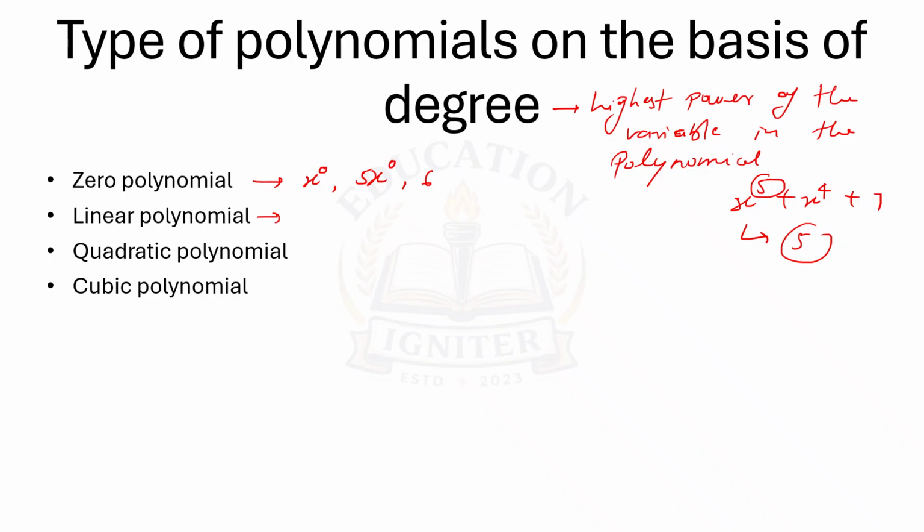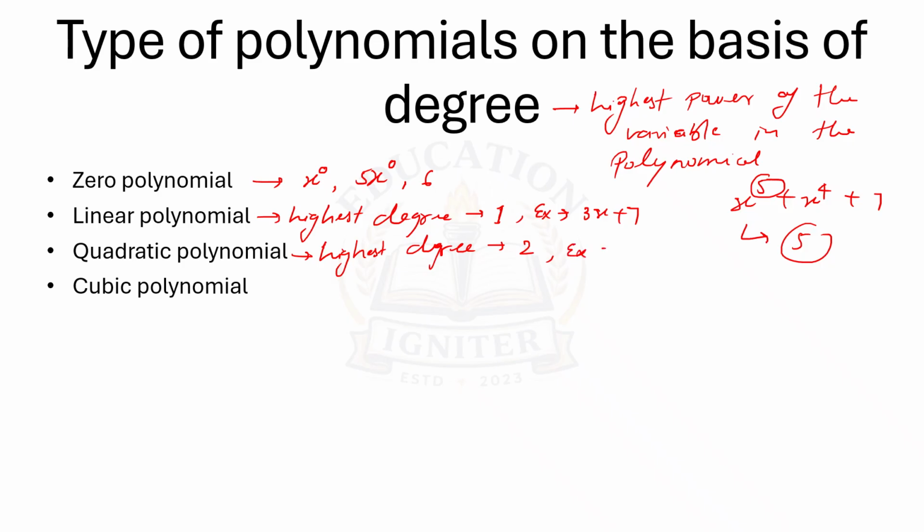In the linear polynomial the highest degree will be 1. As an example, you can write 3x plus 7. Now in a quadratic polynomial the highest degree will be 2.